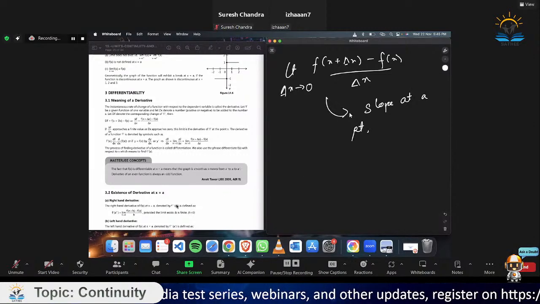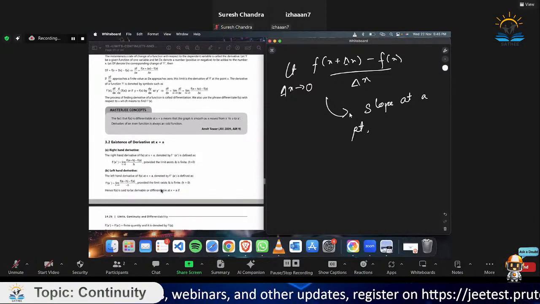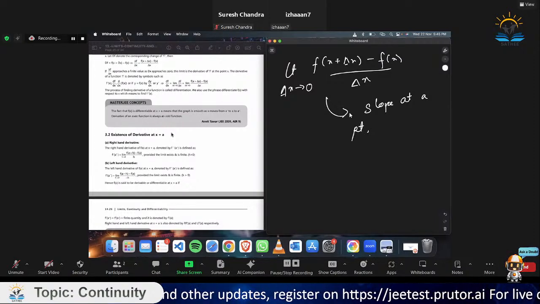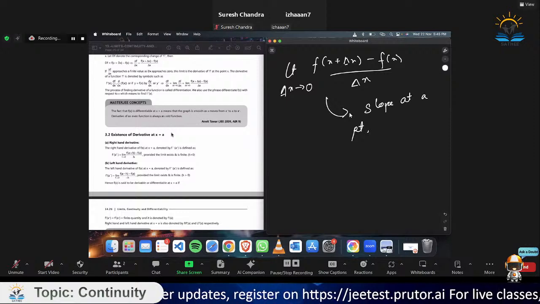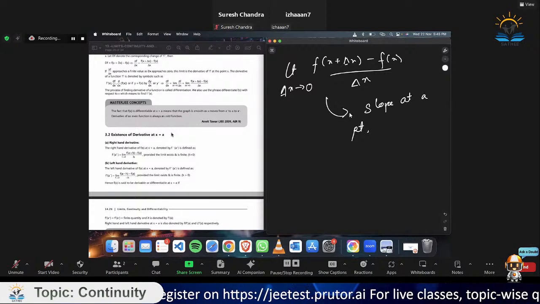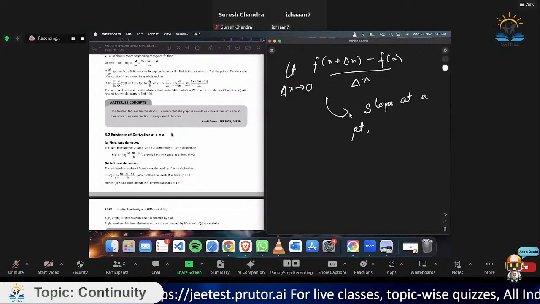This is what we mean by this. And obviously, if you can find the derivative of a function at x equals a, that means it must be smooth at x equals a. That means at a minus and a plus, the values should be the same. Simple.